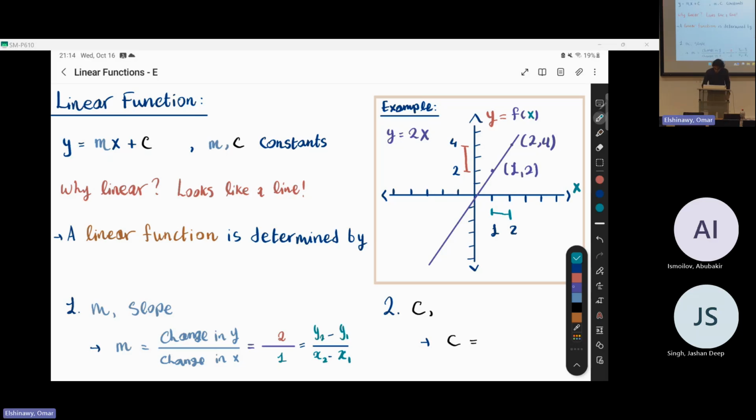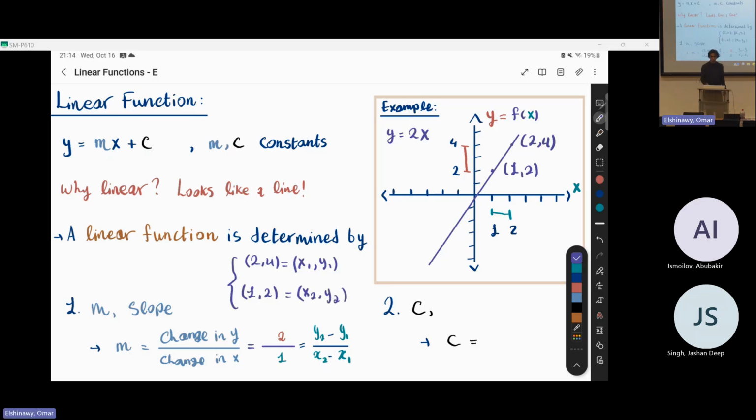So in our case here, just to signify it, (2, 4) is equal to, for example, (x1, y1). And (1, 2) is our (x2, y2).